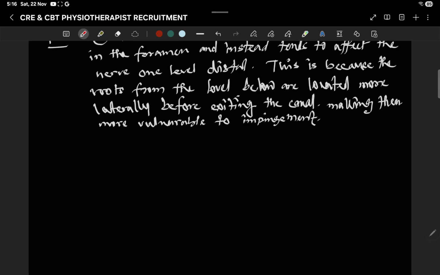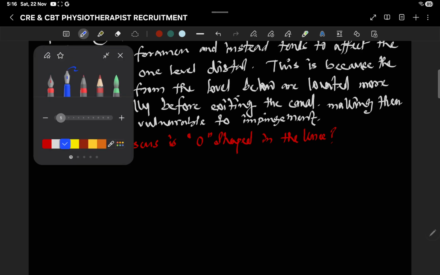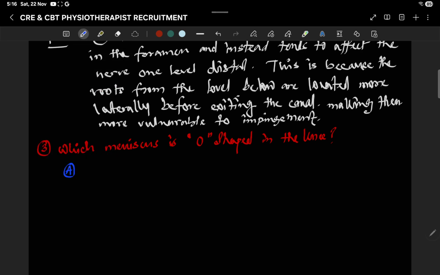Next, question number 3. Which meniscus is O-shaped in the knee? Option A, medial meniscus.